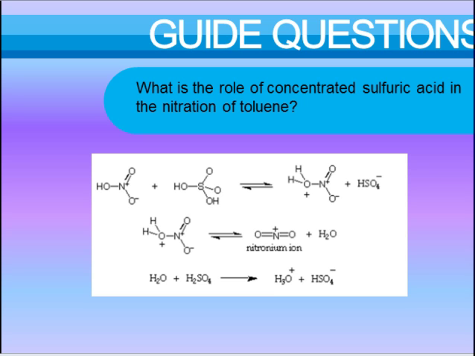The result is a protonated nitric acid and a hydrogen sulfate ion. Since the protonated nitric acid is very unstable, it breaks off into a nitronium ion and a water molecule. The water molecule then reacts with the sulfuric acid molecule, yielding a hydrogen sulfate ion and a hydronium ion.